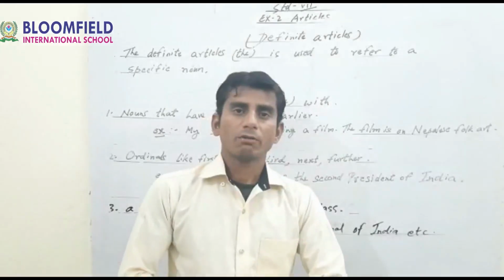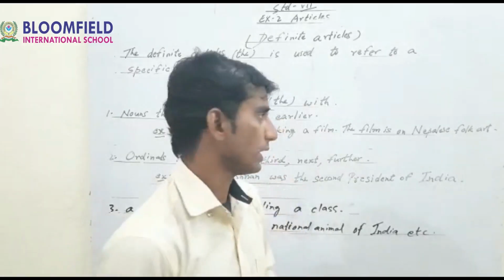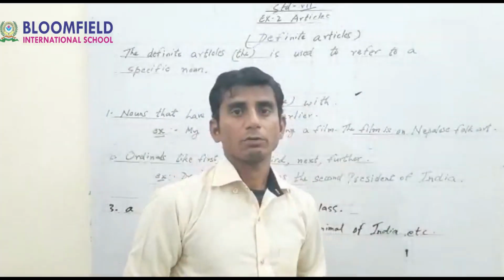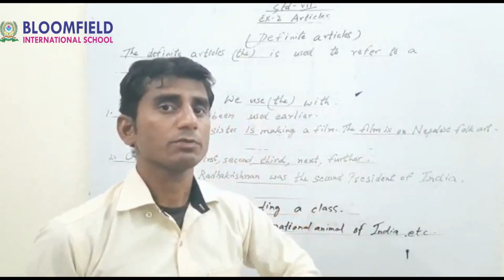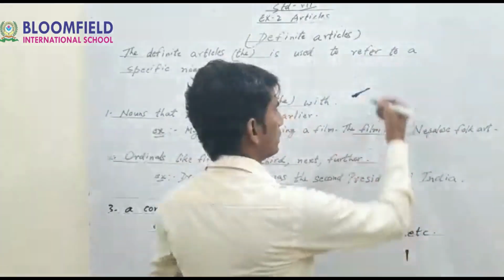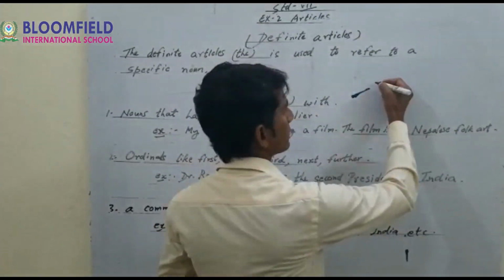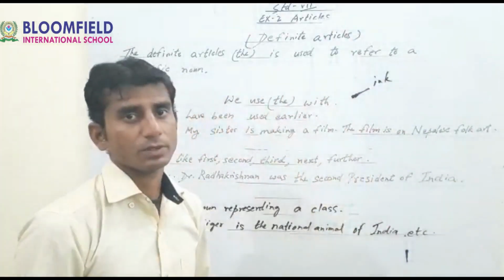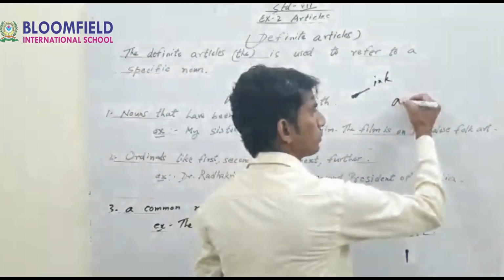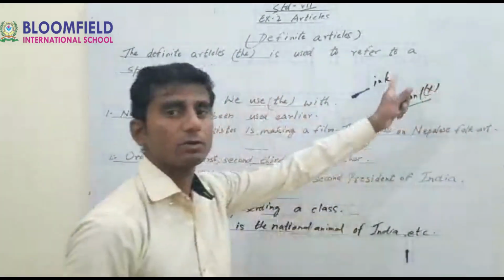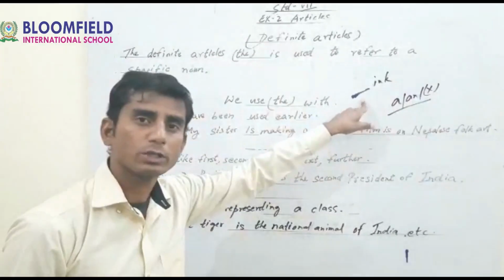Clear? Now guys, one thing more. Remember, we were talking about the uses of a and an. Suppose one question is from my side: blank ink. What are you going to use here? Your options are a, an, or no article. What is your mind saying?